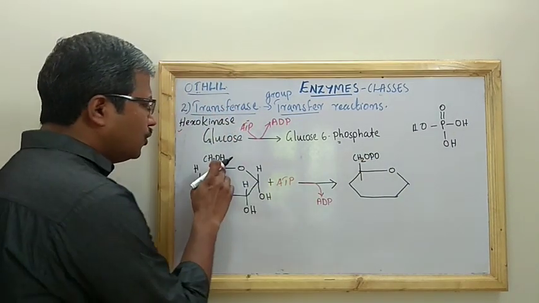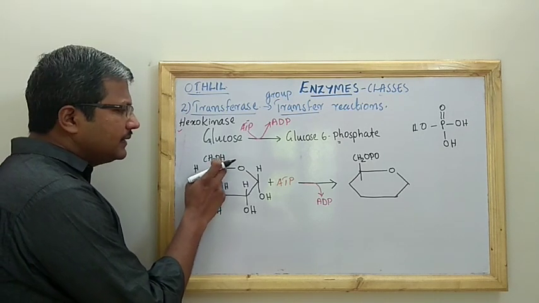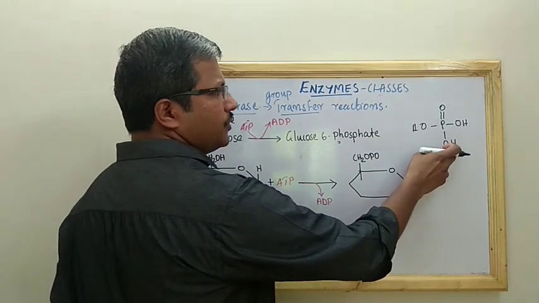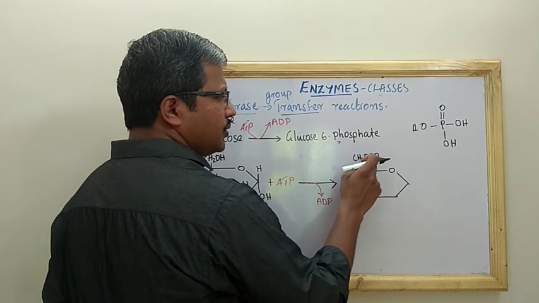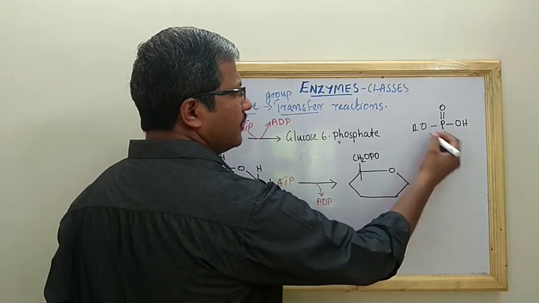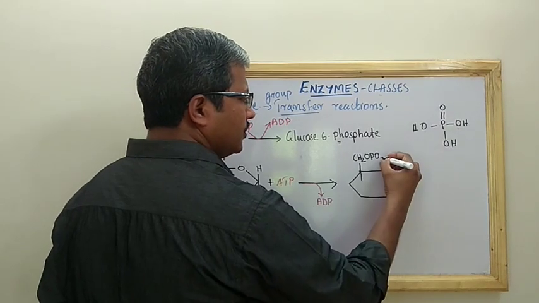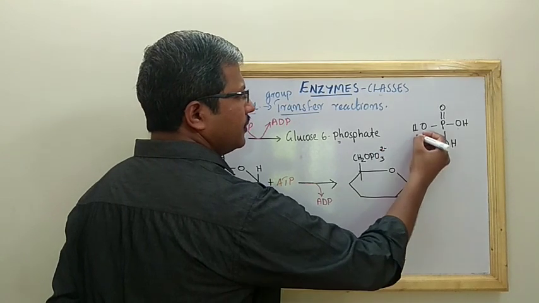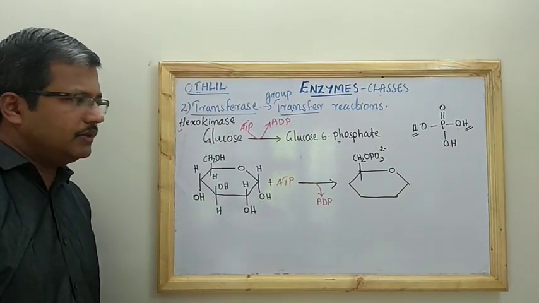CH2OH is there, and this OH should be removed plus one of the H from here. So we get CH2OPO, O is already here, then PO3 with 2 minus, because this hydrogen and this hydrogen will be released.